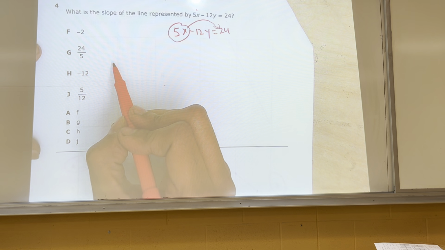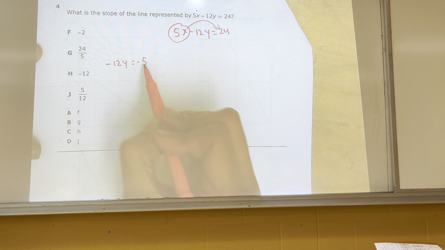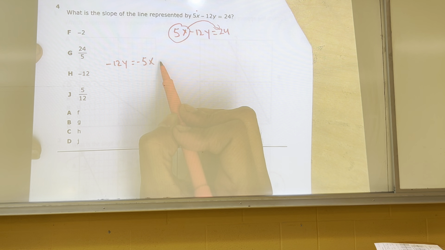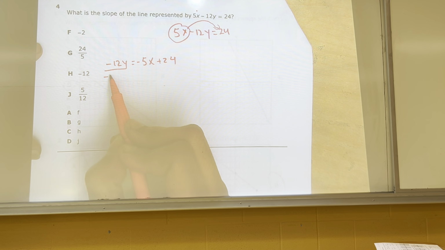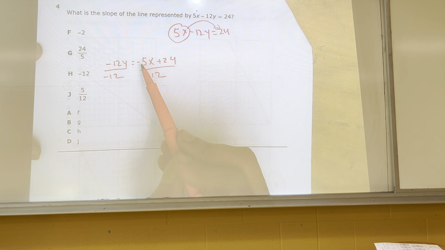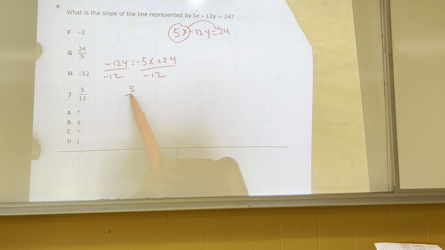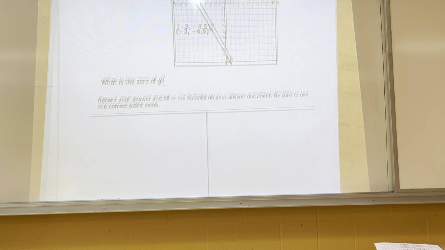So now I have negative 12y equals negative 5x plus 24, divided by negative 12, divided by negative 12. At this point, now I can see my slope, which is right here. Negative over negative is positive, so my slope is 5 over 12. Put it in slope-intercept form first. That's one way to do it.